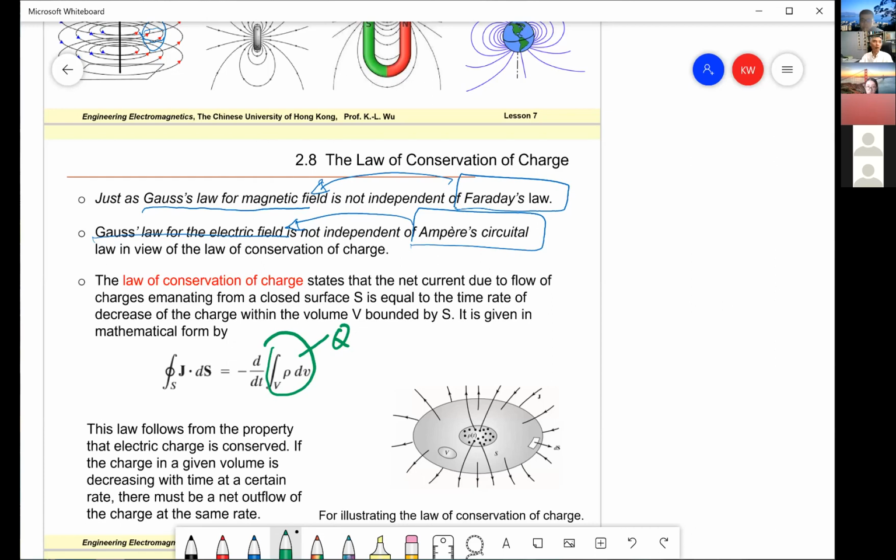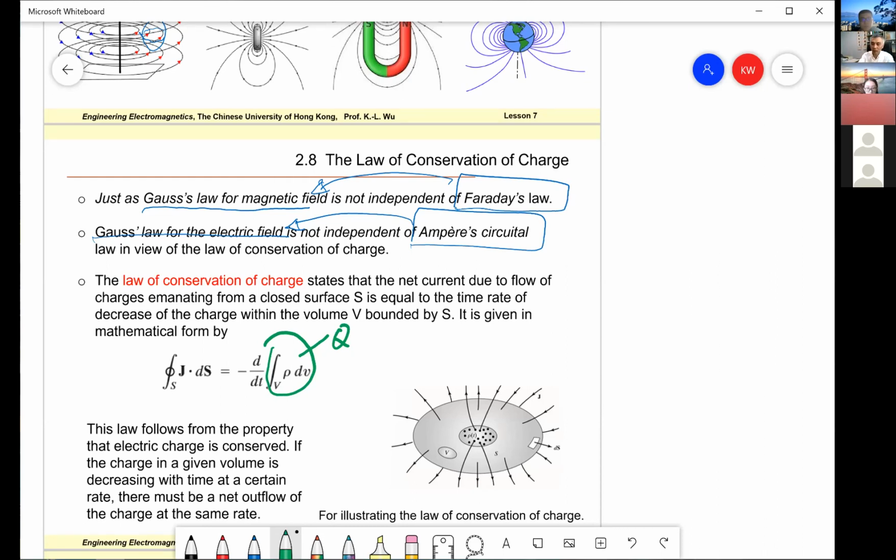So that means once the charge decreases, where does the charge go? The decreased charge forms a current flowing out of the surface. But the opposite way, once the charge increases inside the volume, that means the charge is coming from outside, so the current goes in.